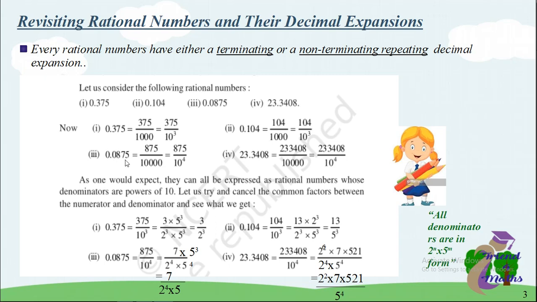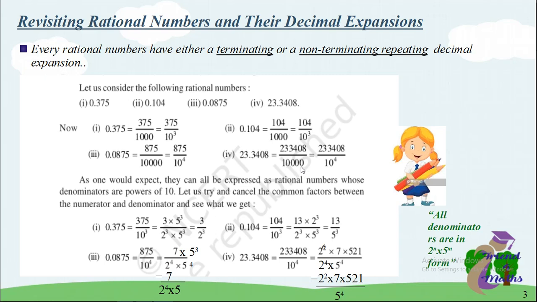Next is 0.0875, which will be equal to 875 divided by 10,000. Here we take 10,000 with 4 zeros, because we have 4 digits after the point, and we have 10 raised to 4 as the denominator. Next is 23.3408, which will be equal to 2,33,408 divided by 10,000.